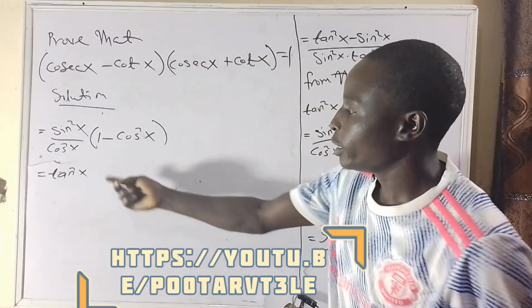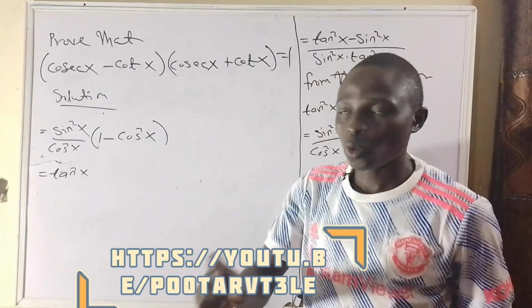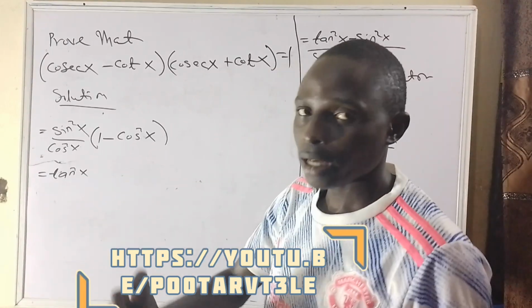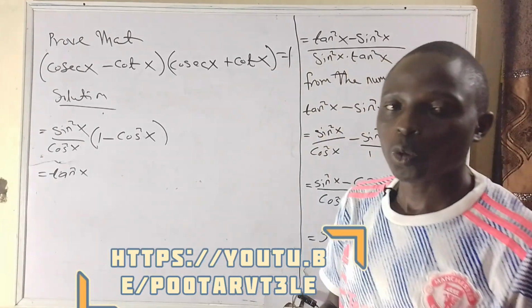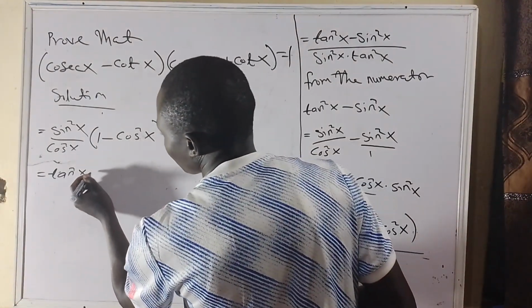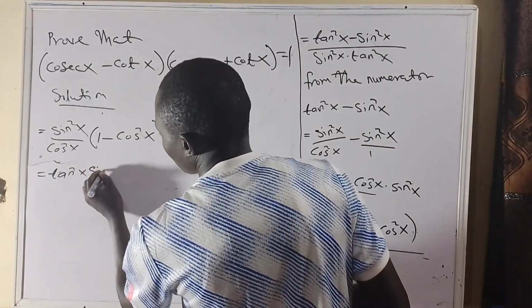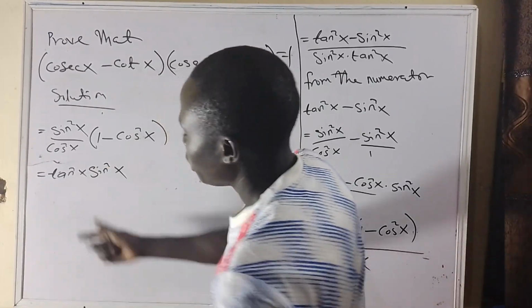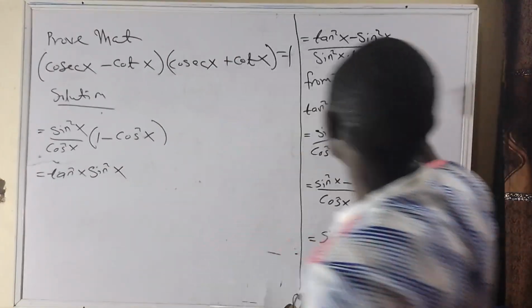So we remember our identity that says 1 minus sin square x is cos square x, as well as 1 minus cos square x is sin square x. So this 1 minus cos square x is sin square x. So tan square x times sin square x is the value of the numerator.